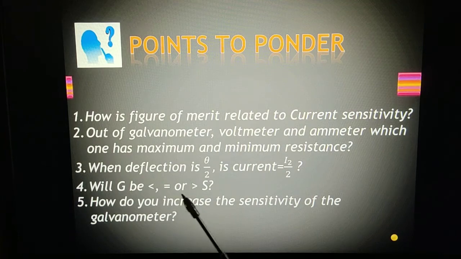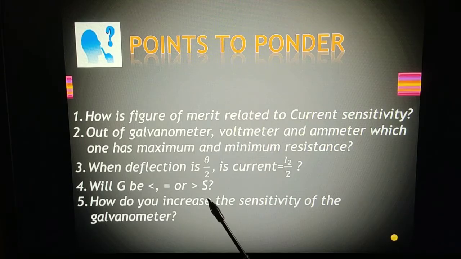When deflection is theta by 2, does it mean that current is I by 2? Will G be less than or equal to or greater than S? How do you increase the sensitivity of the galvanometer? Please think.